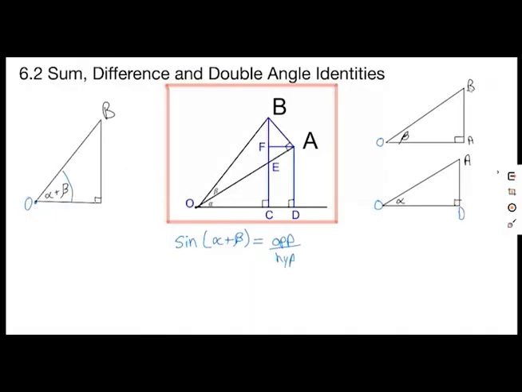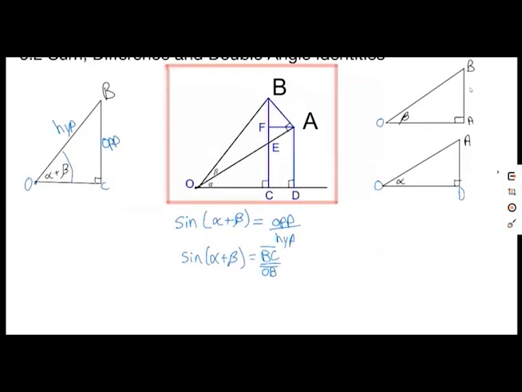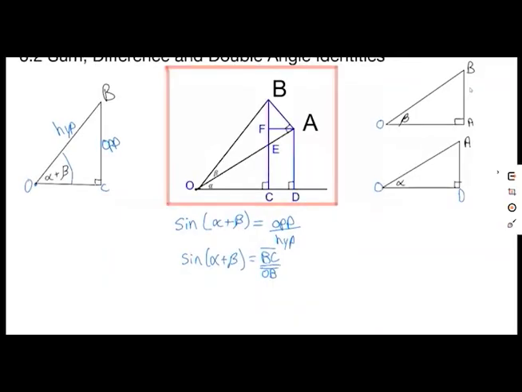We know that the sine of any angle, like if I called that angle X, is opposite over hypotenuse. And so I can see that the sine of alpha plus beta is going to be side length BC over side length OB.